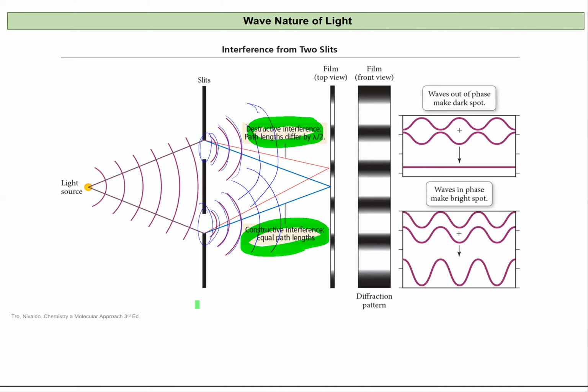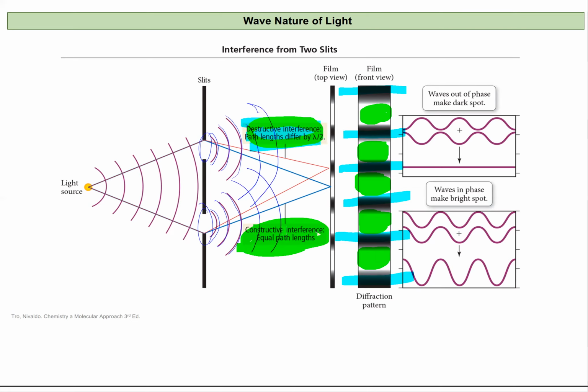And so when you have two slits and you shine light through it, those diffracted waves create what we call a diffraction pattern, where we see bright light interspersed with blackness. And this corresponds to the destructive interference, where it's black, and the constructive interference, where it's light.